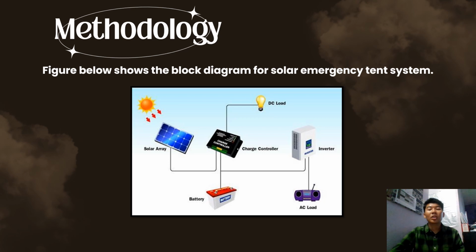The battery functions to store electrical energy in the form of DC and retrieve it for later use. The charge controller can also be directly connected to a DC load. For the AC load, you need to change the direct current to AC current by using the inverter.